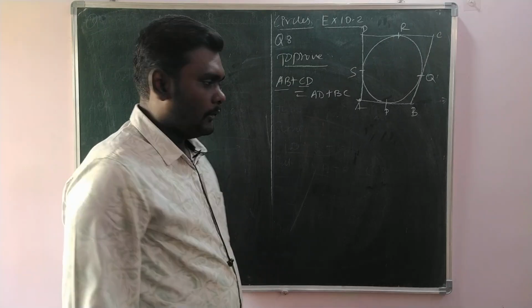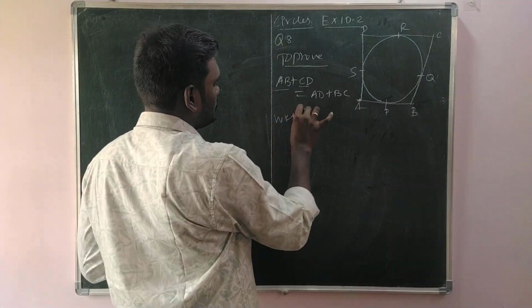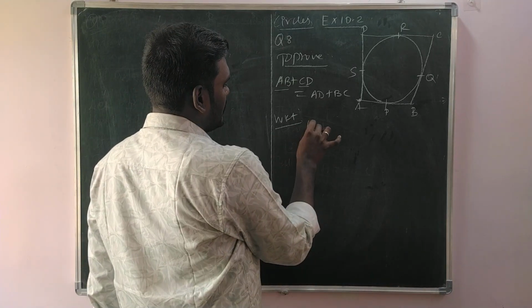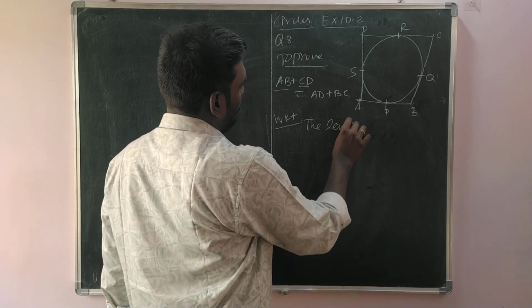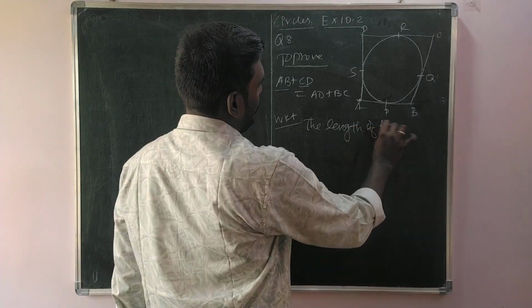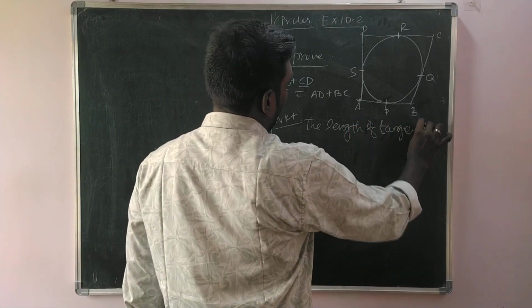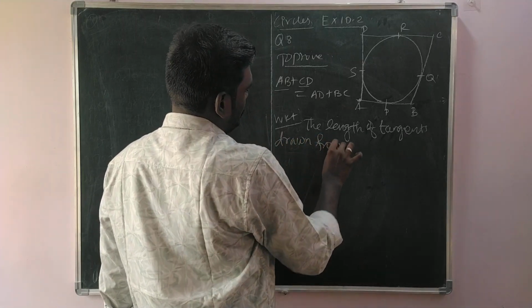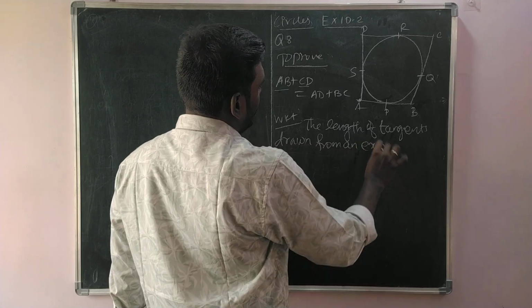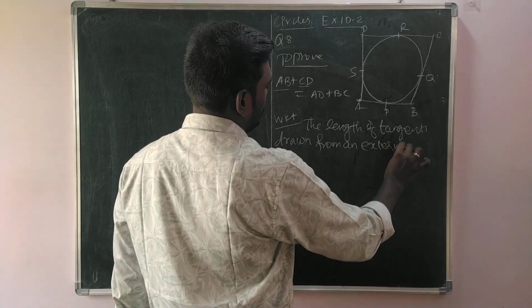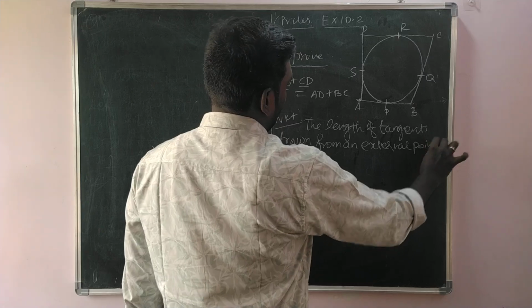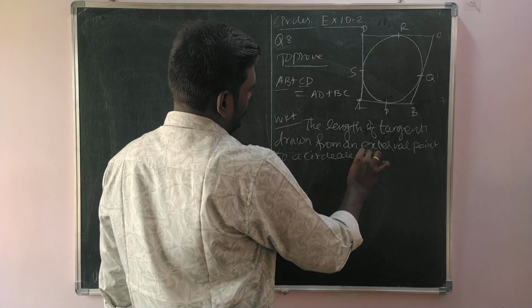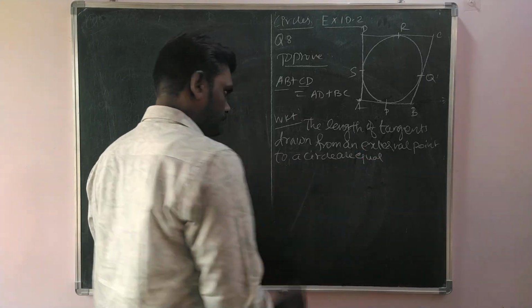So we know that the lengths of the tangents drawn from an external point to a circle are equal.